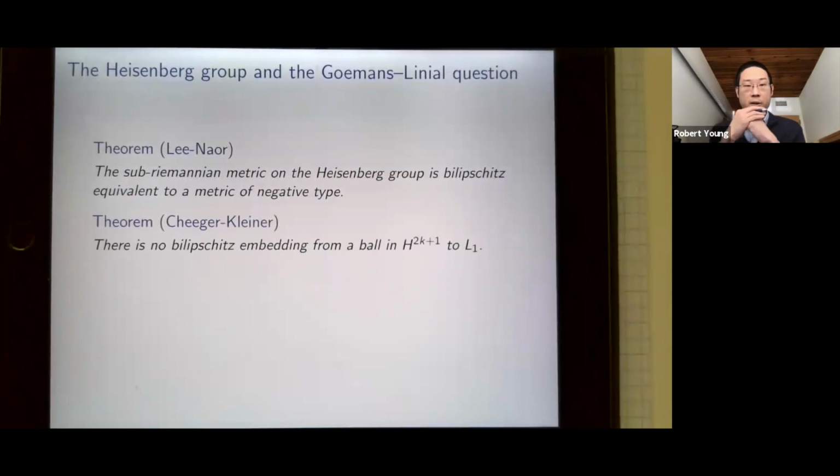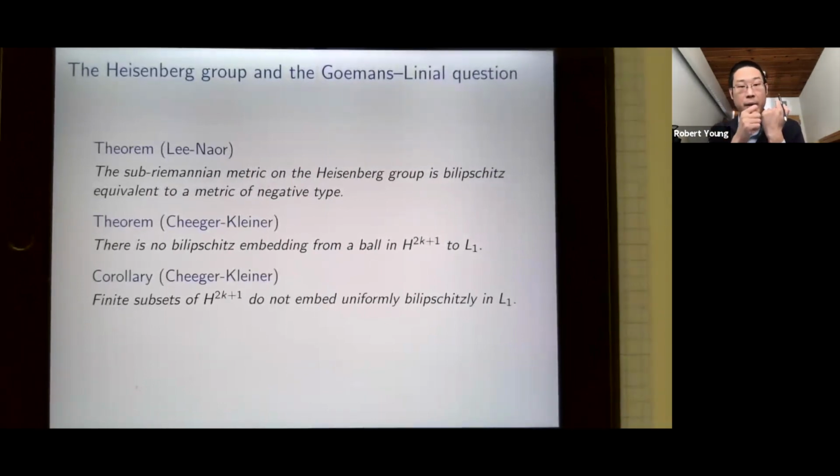And Cheeger and Kleiner showed that there is no bi-Lipschitz embedding from a ball in the Heisenberg group to L1. Consequently, finite subsets of the Heisenberg group do not embed in L1 with a uniform bi-Lipschitz constant.